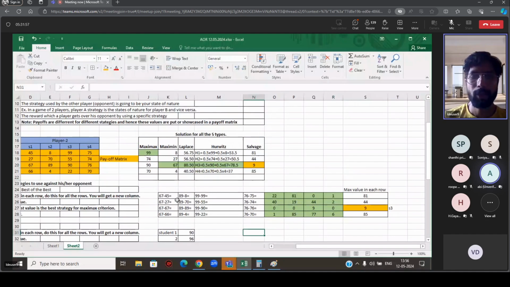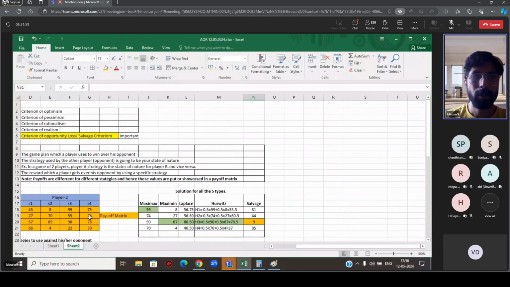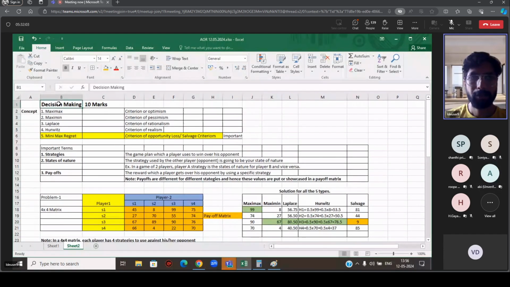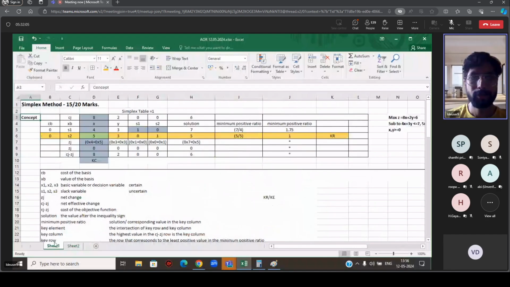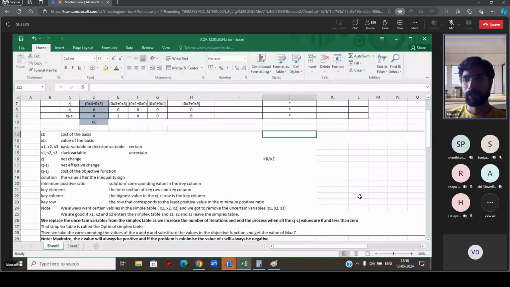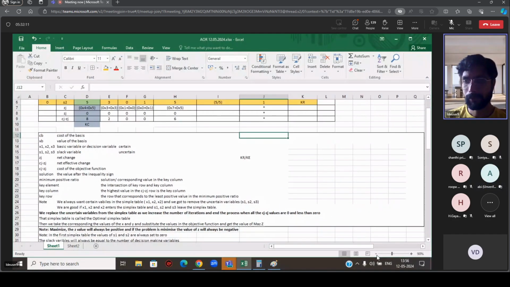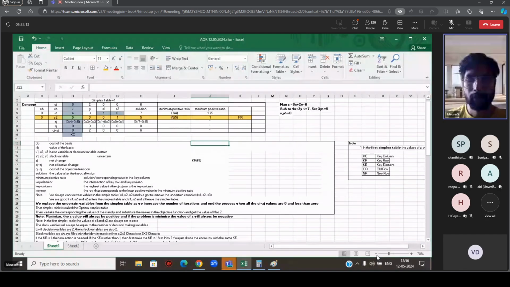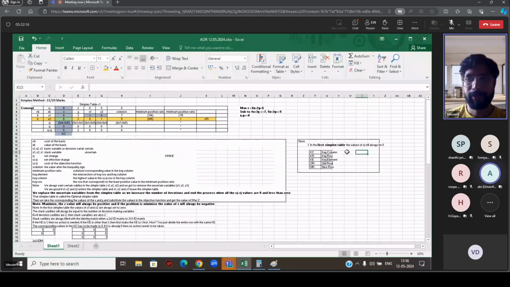As promised, 10 marks decision making and this simplex, so roughly about 30 marks we have covered. We'll meet in the next session. I hope you have understood.